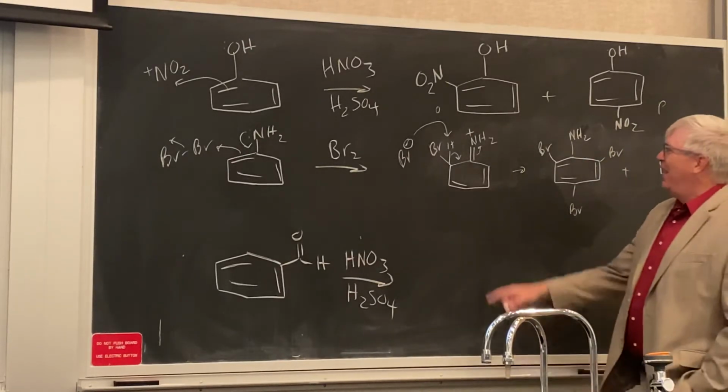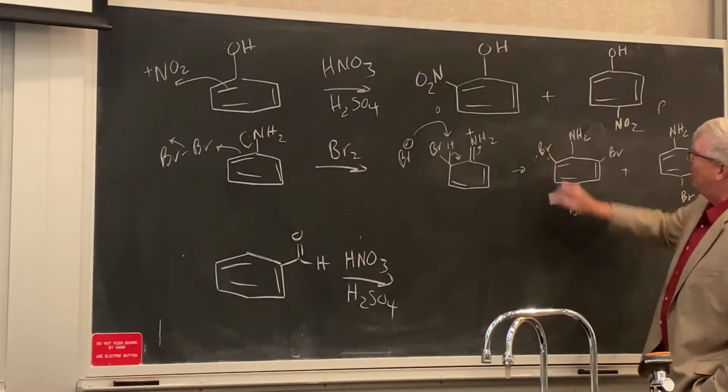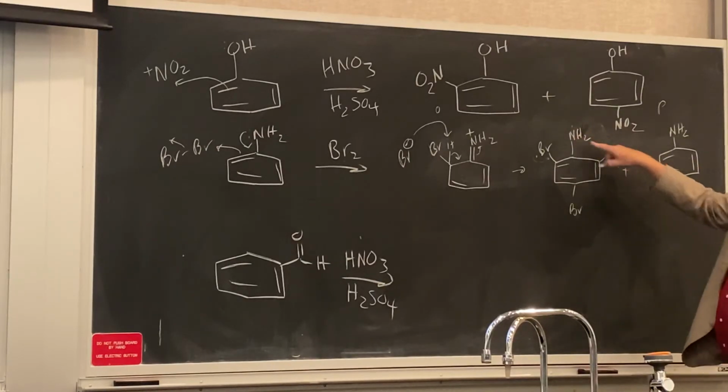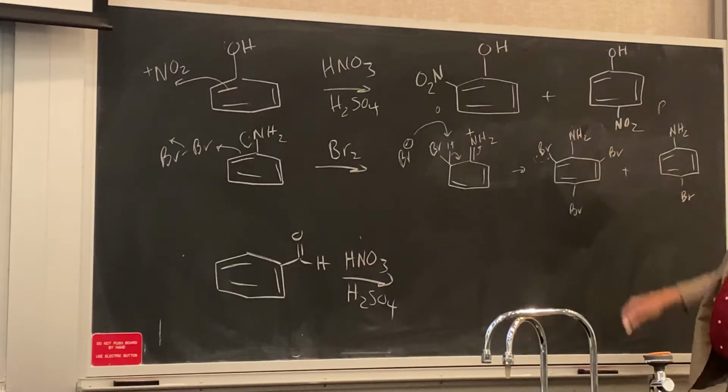Why? That's because once you get one bromine on there, the halogens actually can, by resonance, donate electron density. And plus the halogenation is activated because you regenerate the neutral aniline under these conditions, okay?